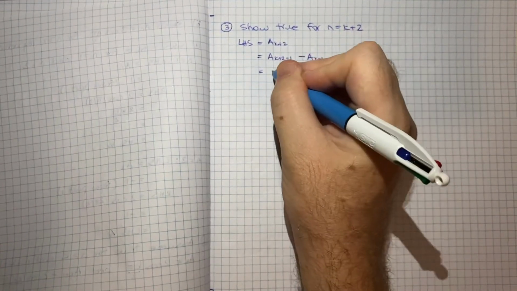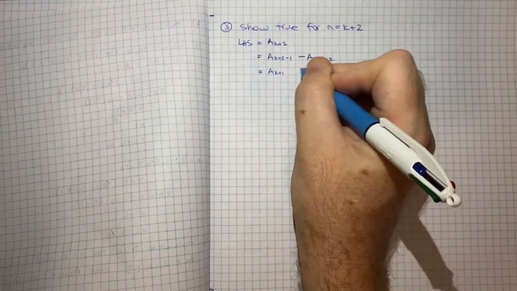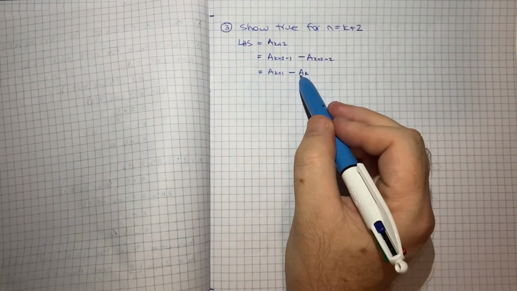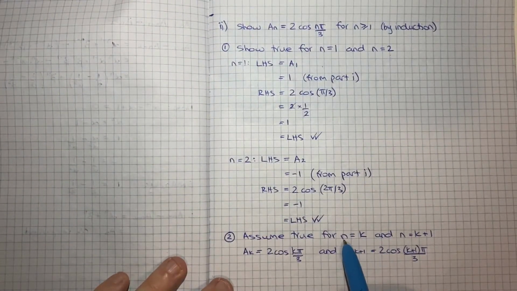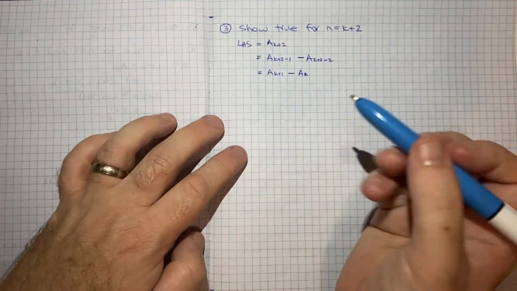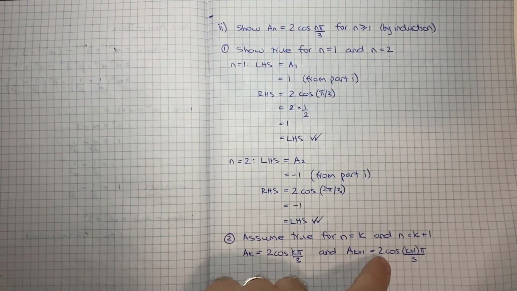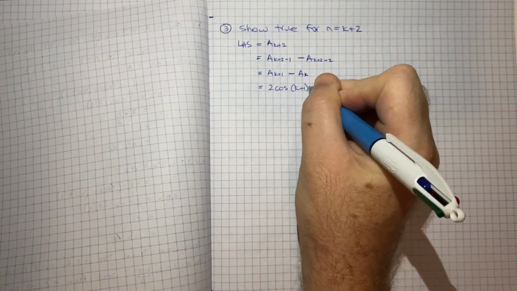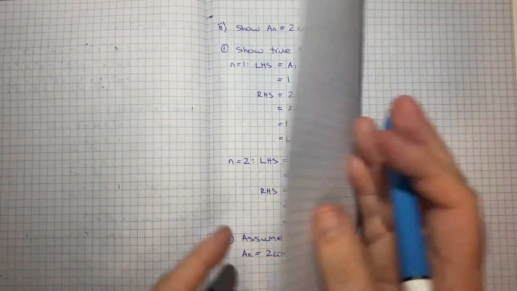So that's going to be a of k plus 1 minus a of k, and notice how that is why in step 2 we needed to make the assumption for both k and k plus 1. It's this recurrence relationship. So now that we've made the assumption in step 2, ak plus 1, we've assumed to be 2 cos k plus 1 pi on 3 minus ak, which we assumed in step 2 to be 2 cos k pi on 3.